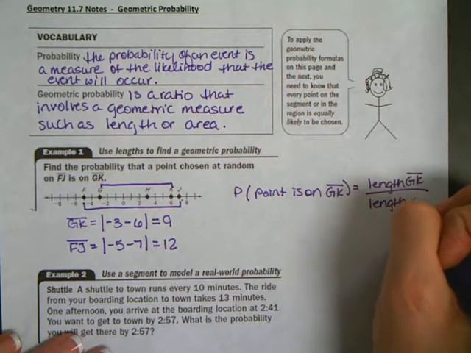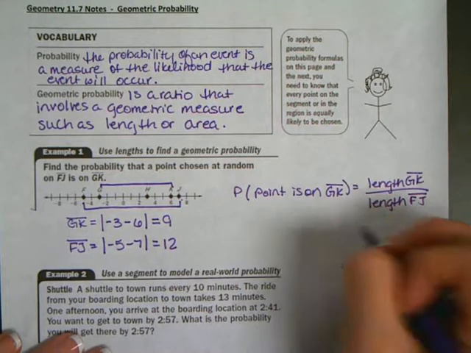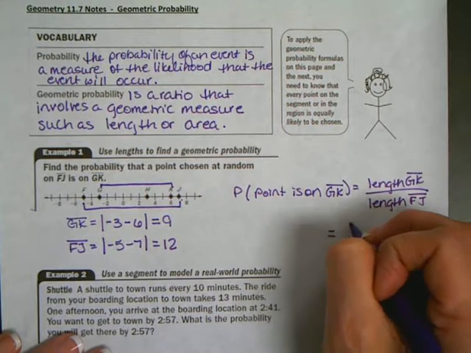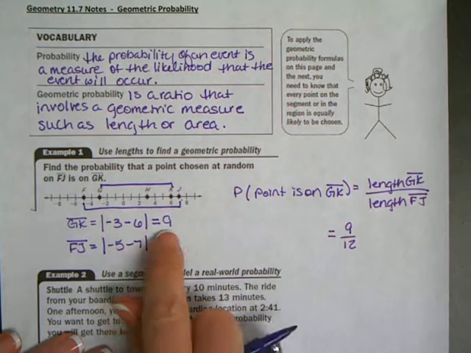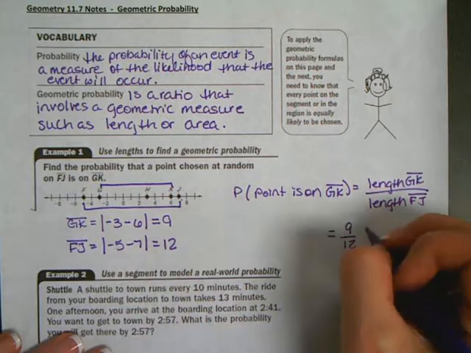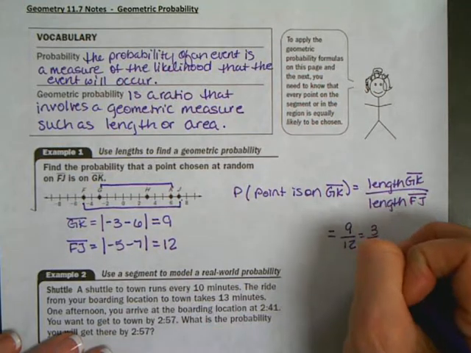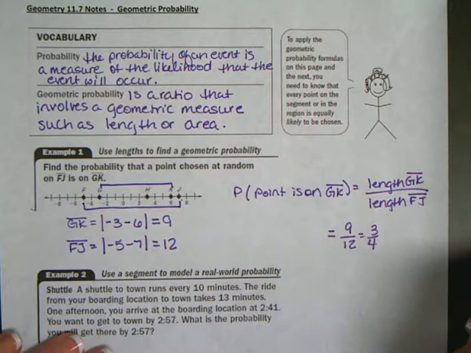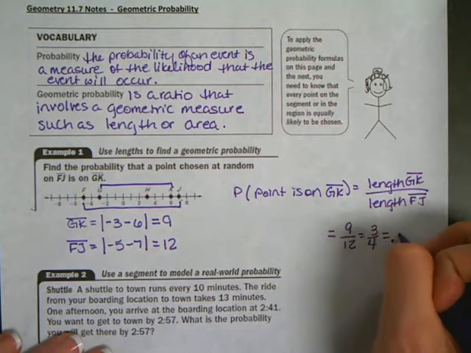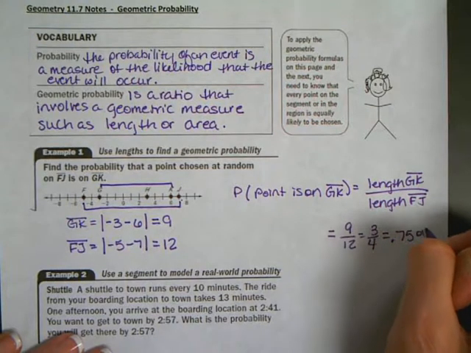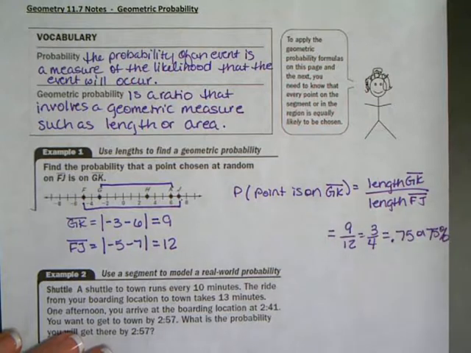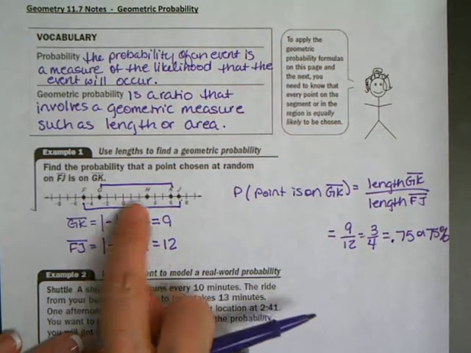And if you divide 3/4, you get the decimal 0.75 or 75%. We knew that it was going to be a pretty good chance that you hit a point within this region because it's the majority of the whole section, and 75% is well over half. So we did pretty good.